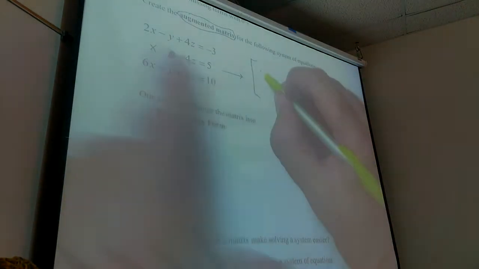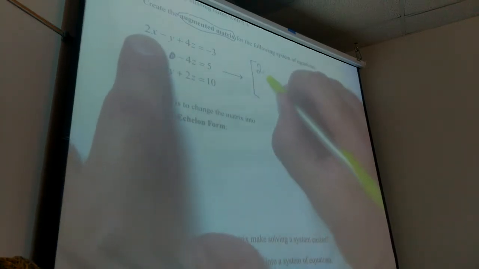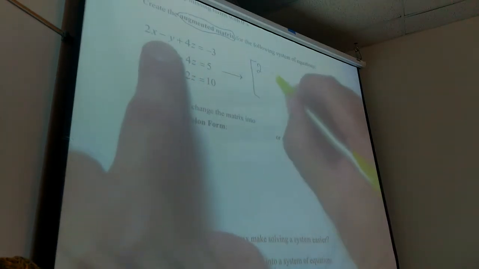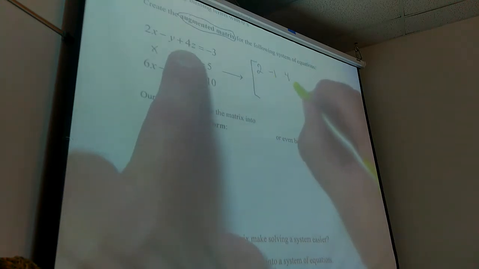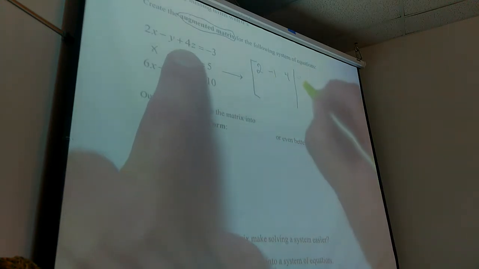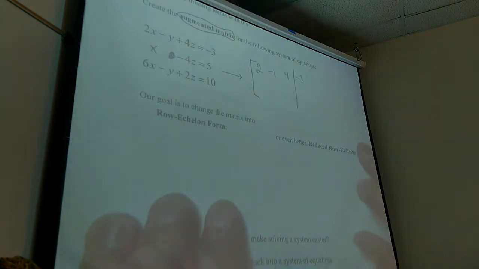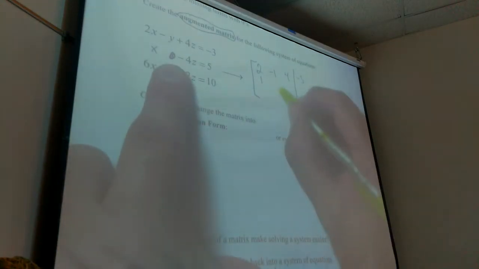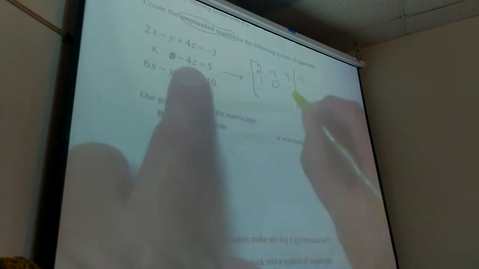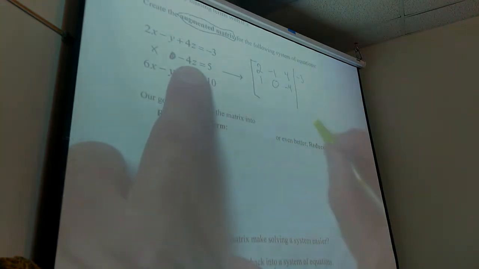So what I'm going to write right here is 2. The next column is the y column. What I'm going to write right here. Keep going. And then I put a line to make this -3. So that line shows me where the equal sign is. What goes here? 1. What goes here? 0. Good. -4 is the z's. That's got to go in the z column.